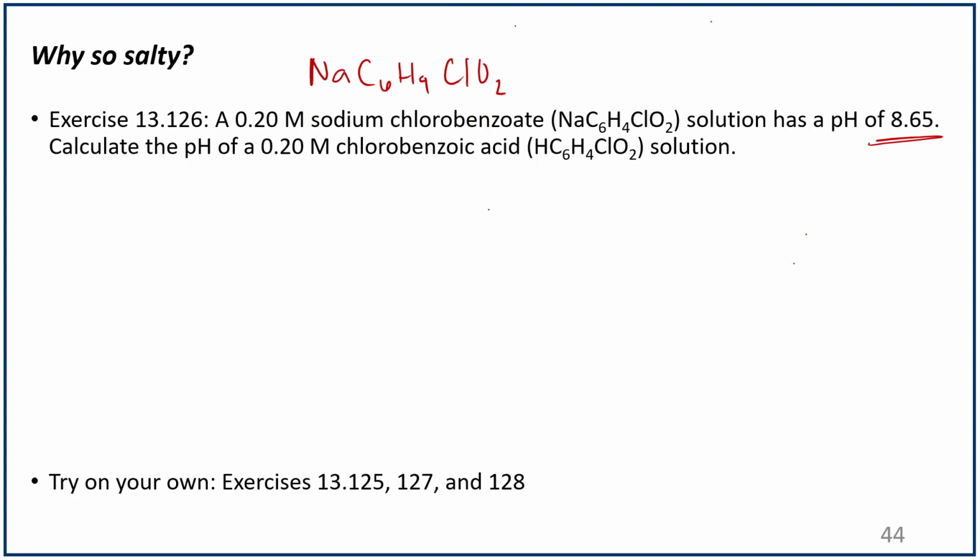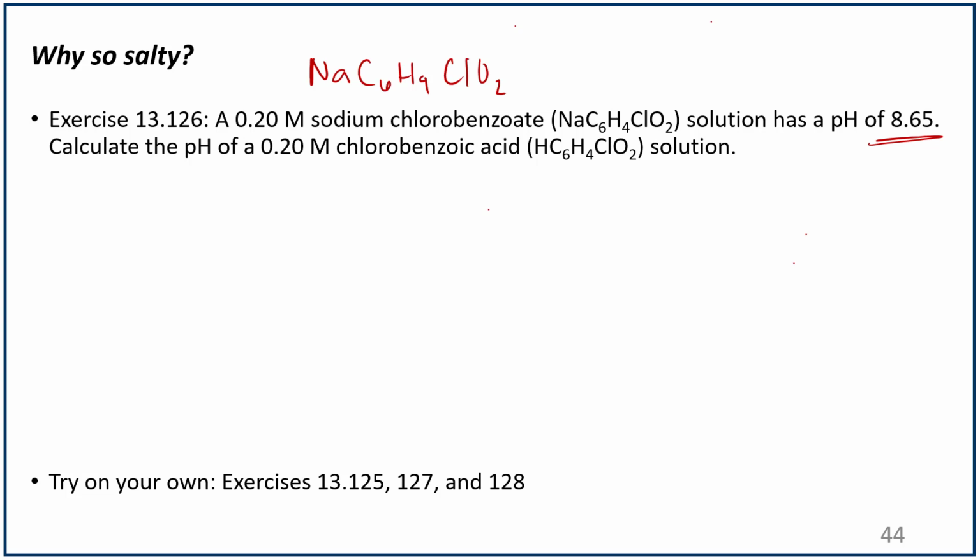Now notice here that we're not given either the Ka value of chlorobenzoic acid or the Kb value of sodium chlorobenzoate, but we're given the pH of the conjugate base. So we should be able to write a nice table for this one.